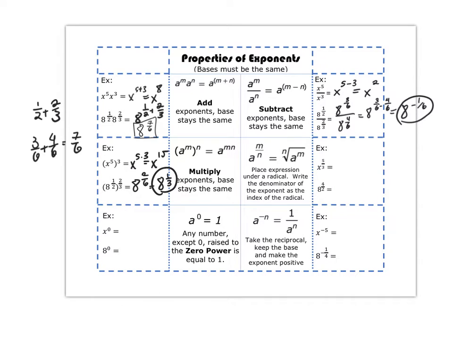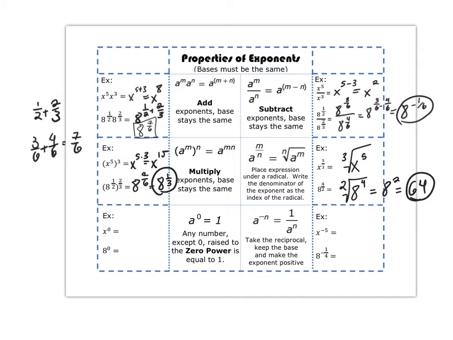Now let's look at radical expressions over here. We know that we can write x to the power of 5/3 as the cube root of x to the 5. Similarly here, for 8 to the power of 4/2, we could write that as the square root of 8 to the 4. Just for fun, I am going to simplify this one. So that would be 8 squared, which is 64.